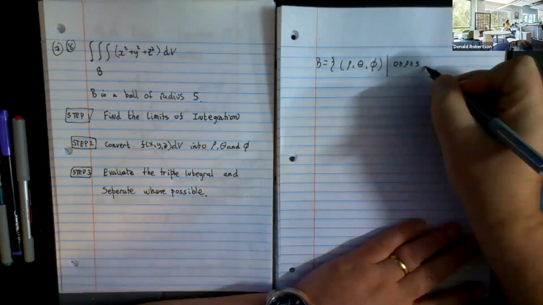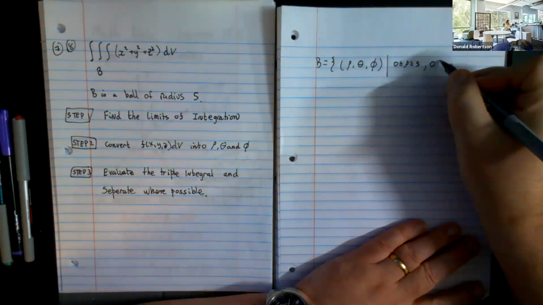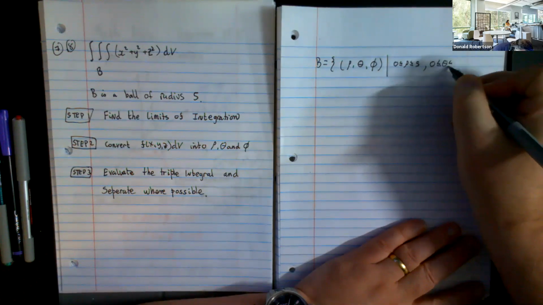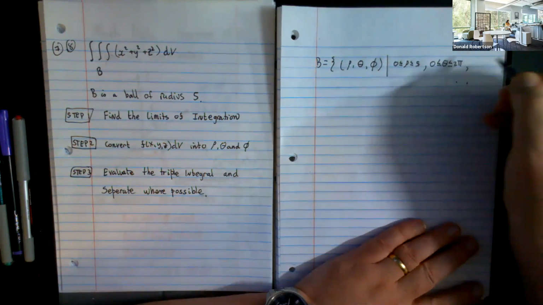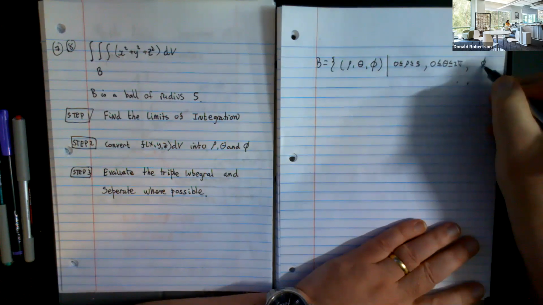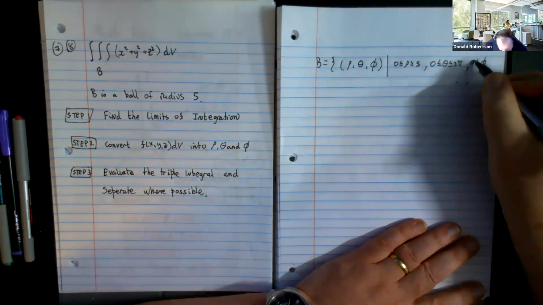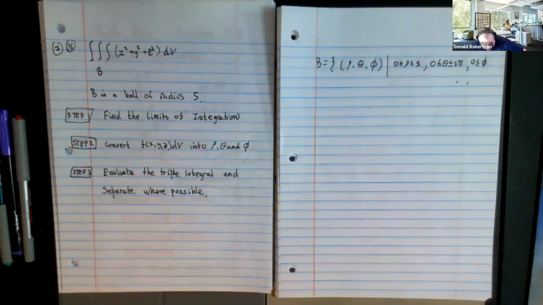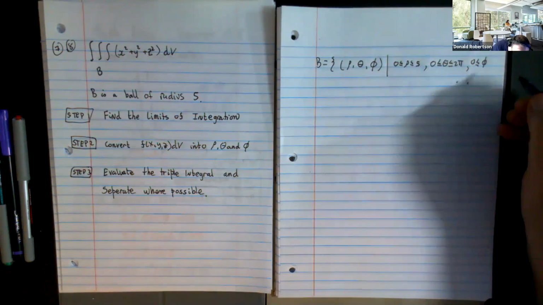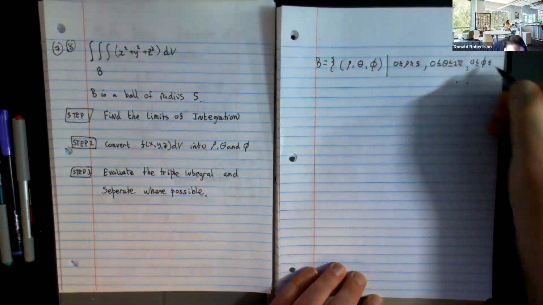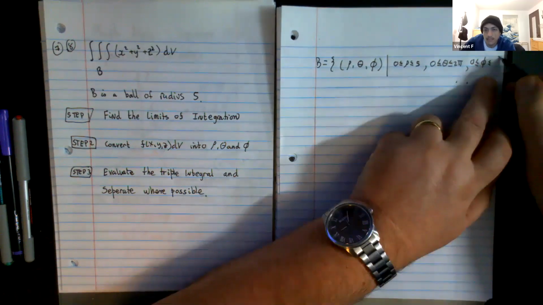When it's a complete sphere, you get theta from 0 to 2 pi. And these are things that you're just basically remembering. And what do you get for phi with a full sphere? From 0 to what? Pi.